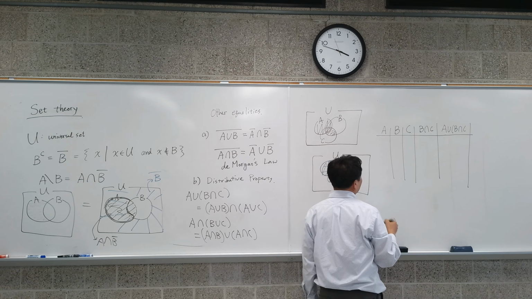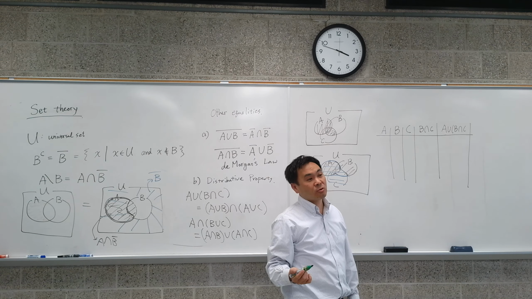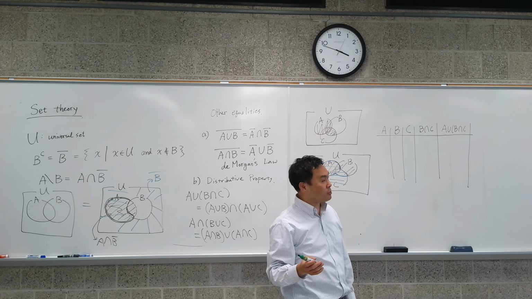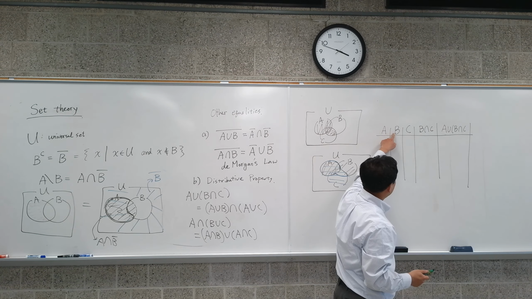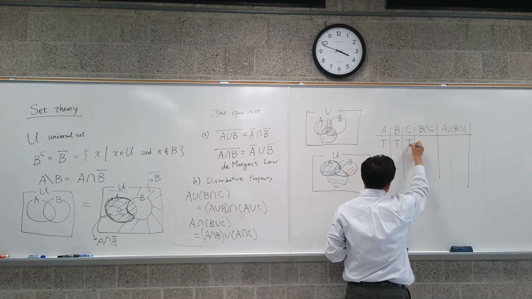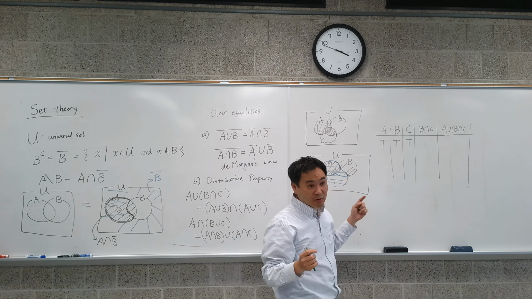And you again use truth tables to represent the true or false of the following statements: X is in A, X is in B, X is in C. So if you have TTT, that means there is this member X that belongs to all of them, okay?